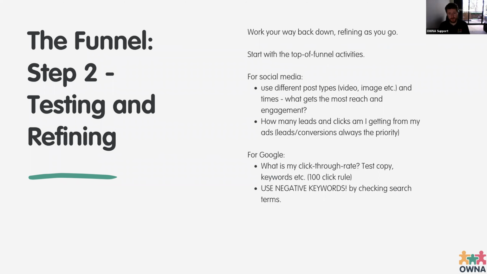It could be a video, it could be an image, it could be a graphic of like a quote or something. Post them at different times throughout the day. See what gets the most reach, see what gets the most engagement, and then get your top posts. Let's say test it out for a month and use your top posts and say, right, okay, I'm going to post them at that time. I'm going to post this kind of image, and then see what works that way.